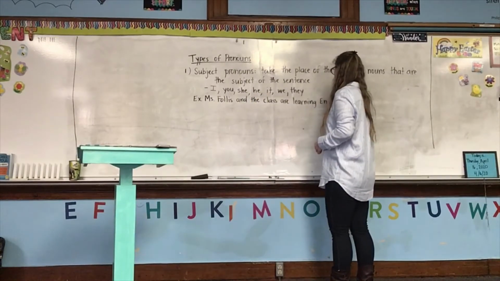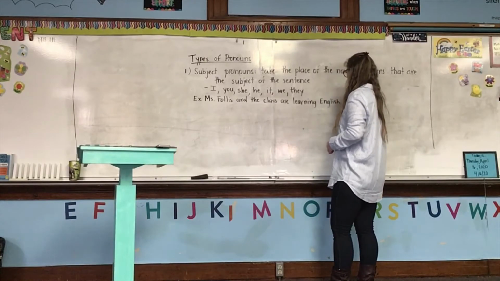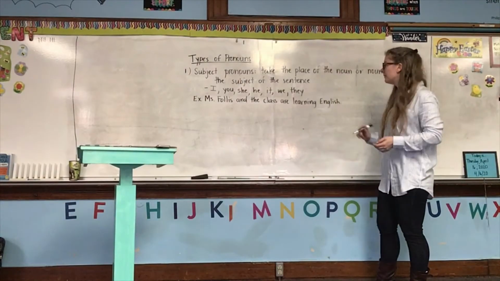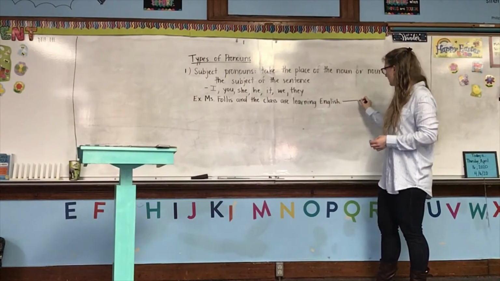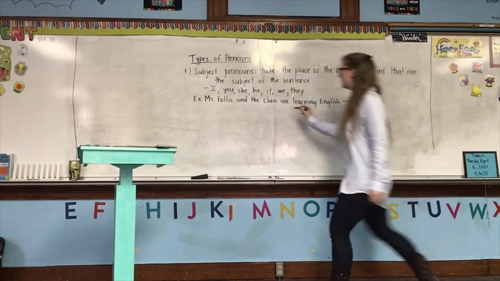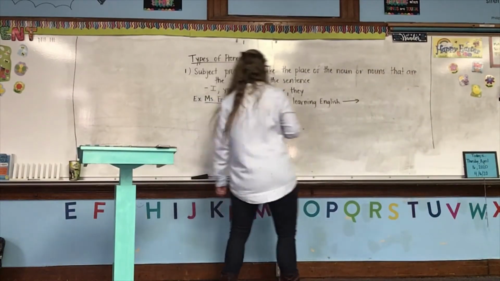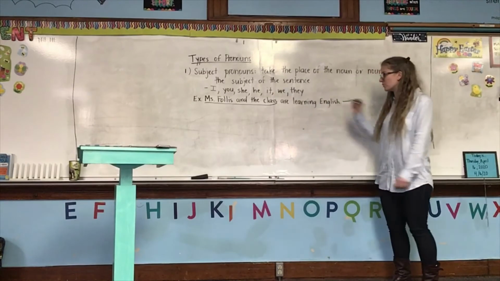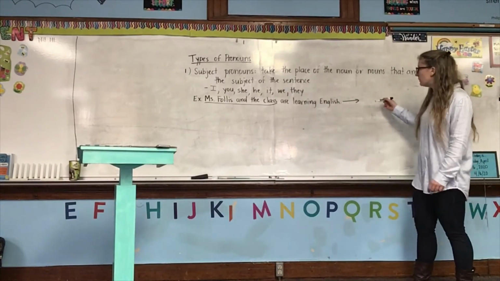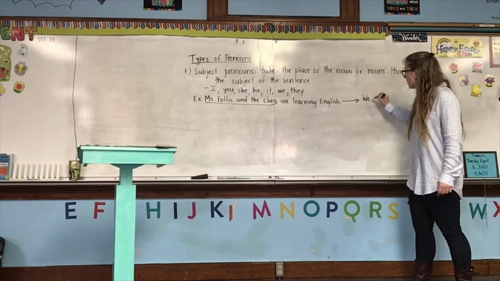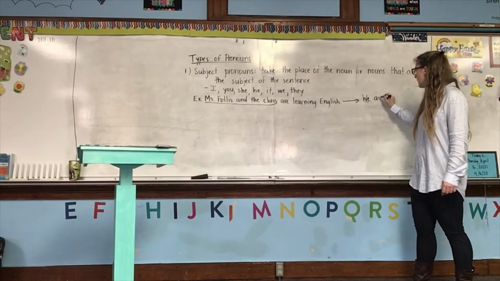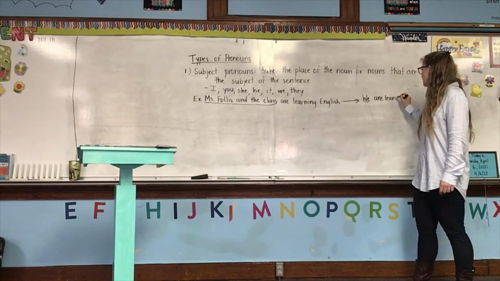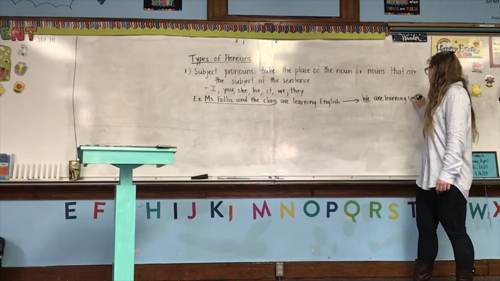I may be going too fast, I'm really sorry, so if you need to pause, go ahead and do that. Ms. Folis and the class are learning English. Ms. Folis and the class are the subjects, because they are what's doing the action, they are the ones learning, would become we are learning English.